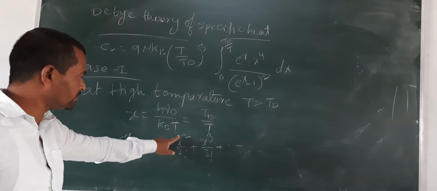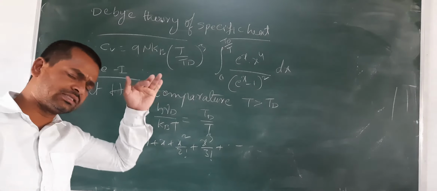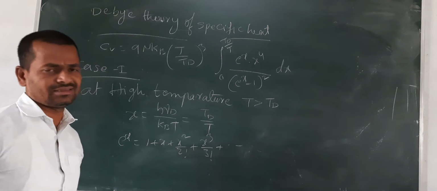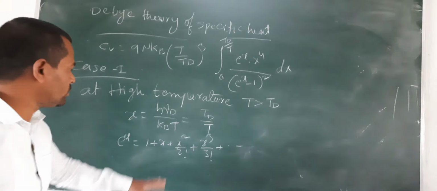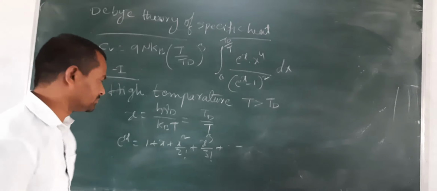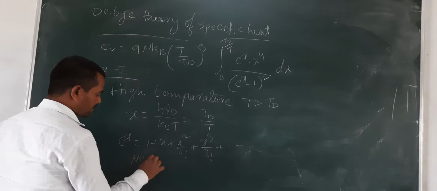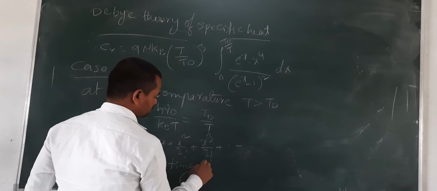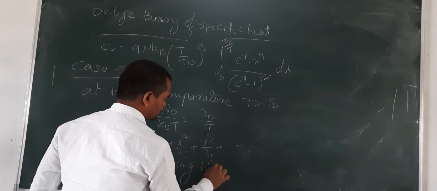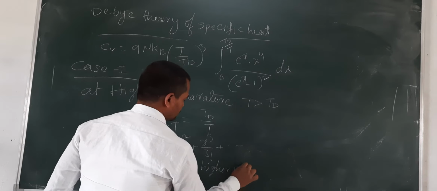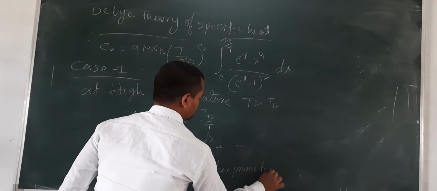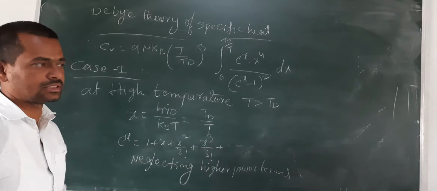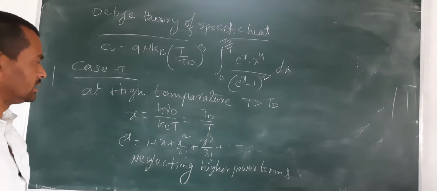For a low term, if we square and divide, its value is again very small. If this small value is added, nothing will change. So I am neglecting the higher power terms.